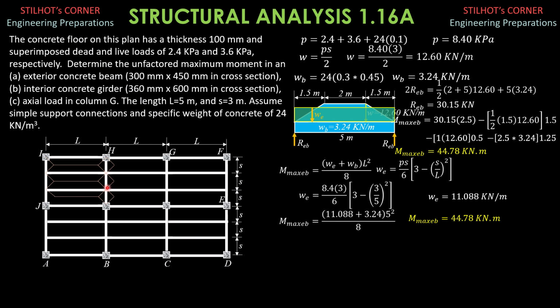Now for the interior beam, the loading is trapezoidal, but the load intensity is times 2 of 12.6 because W should be PS for the interior beam. So W of the girder is 24 times cross-sectional area 0.36 times 0.6. The uniform weight of the girder is 5.184 kilonewtons per meter.